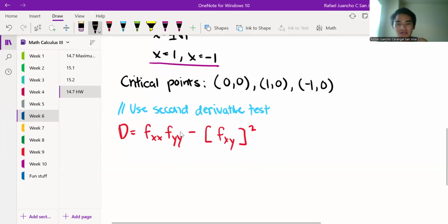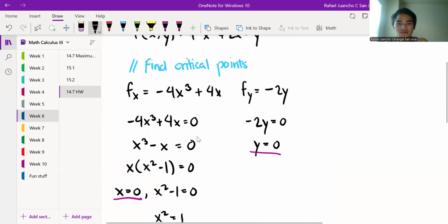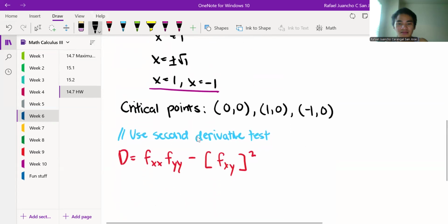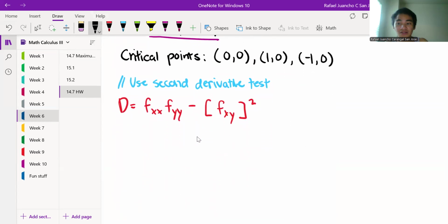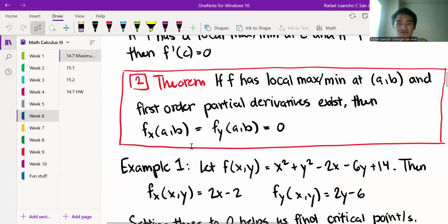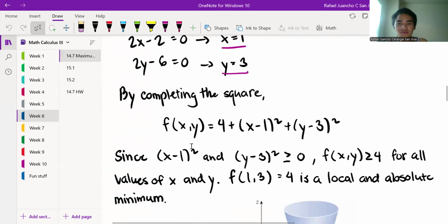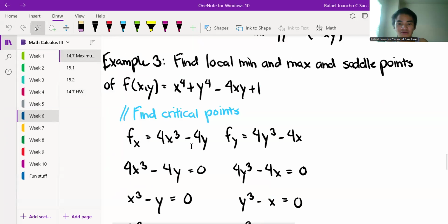Okay, so let me get their second derivatives. And once I get their second derivatives, what do I do now?